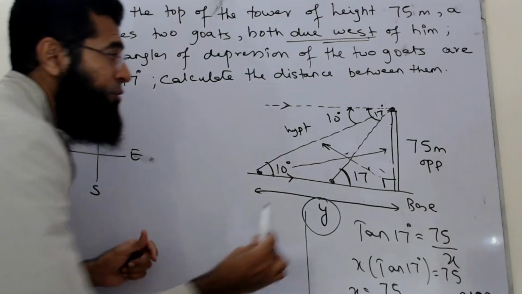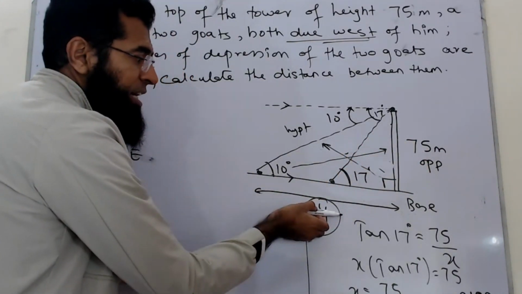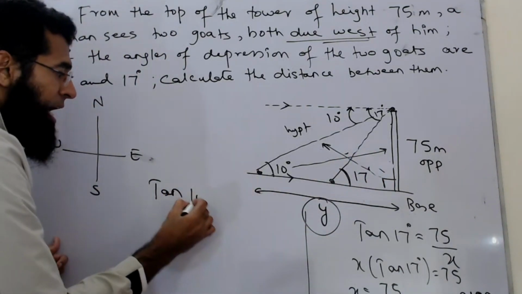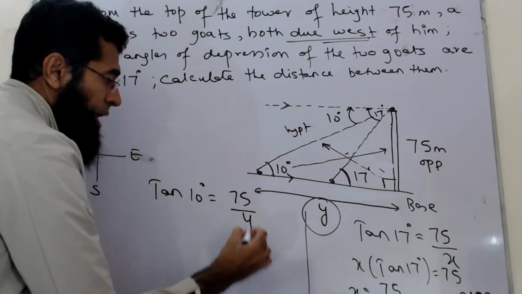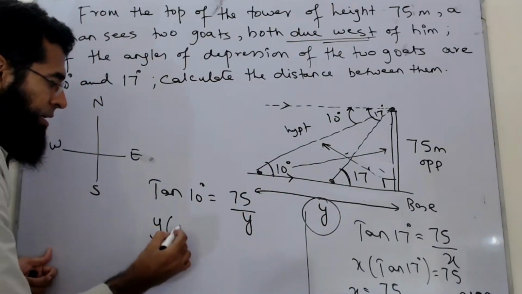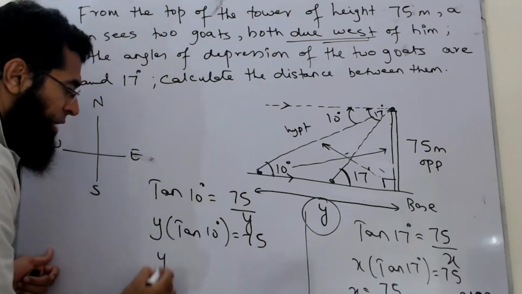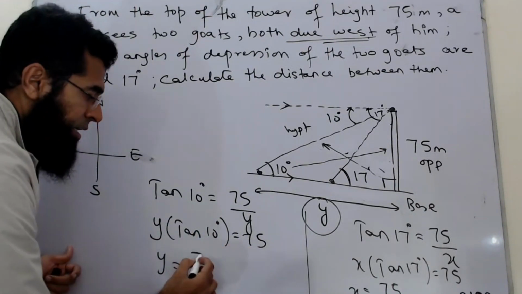So कौन सी दो lines involve हो रही once again? Opposite and base जो हमने find कर लिया, right? So once again tan apply करते हैं. So tan of the angle is opposite over base y. Cross multiply कर देते हैं. So this is tan of 10 degrees. So beta, y is what? Tan 10 is a value. Equation के तरफ जाके divide हो जाएगा.